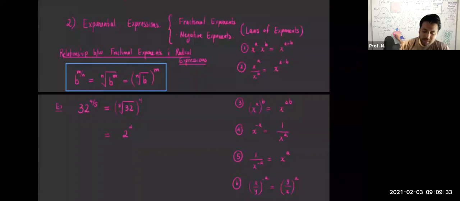For these kinds of things, it's good to have an idea of, it's developing number sense. And one of those things is knowing the powers of 2. So 2 to the first is 2, 2 squared is 4, 2 cubed is 8, 2 to the 4th is 16, and 2 to the 5th is 32. Now, how is this related to roots?